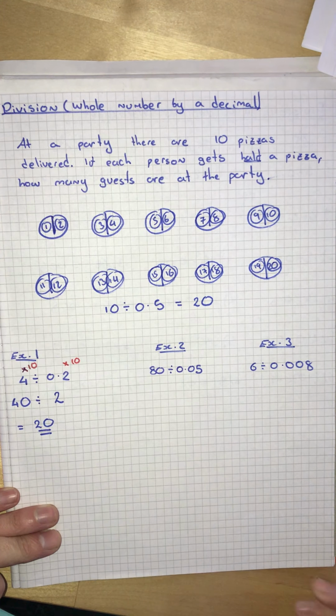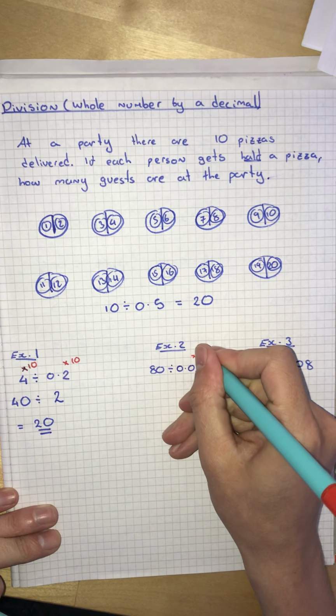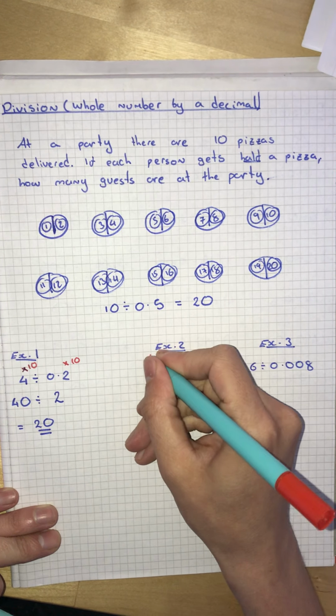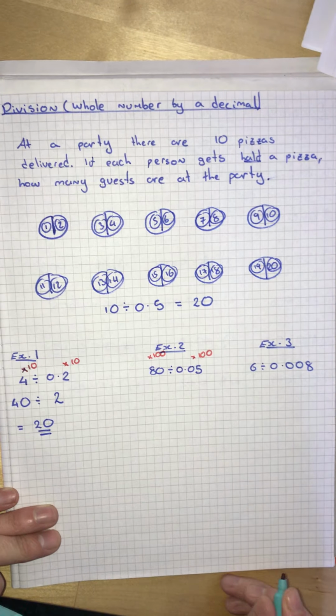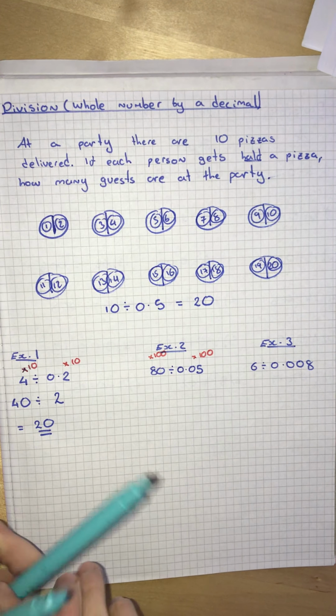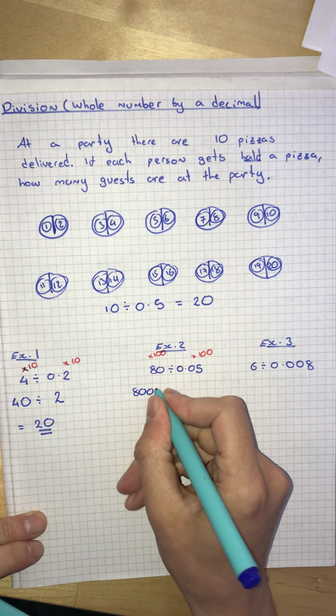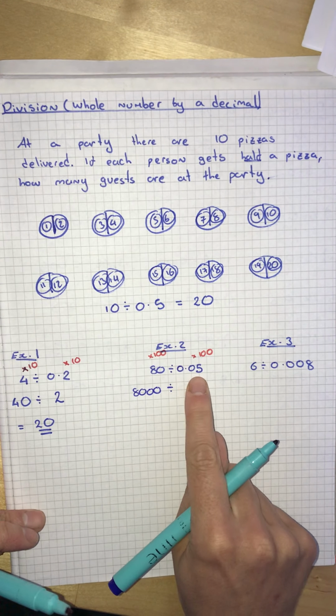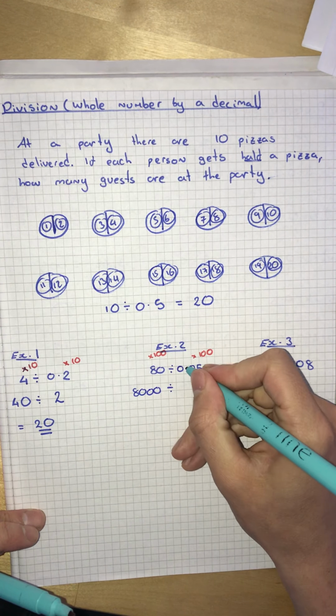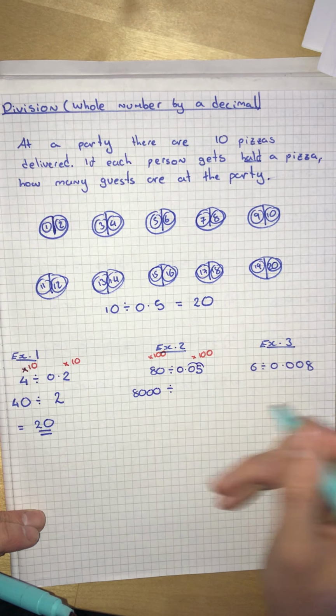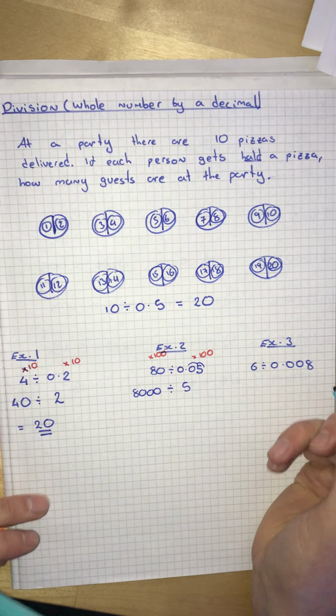So instead of timesing by 10, I'm going to times them both by 100. Okay, so 80 times 100 will be 8,000. And then 0.05 times 100, if we move the decimal point, will be 5.